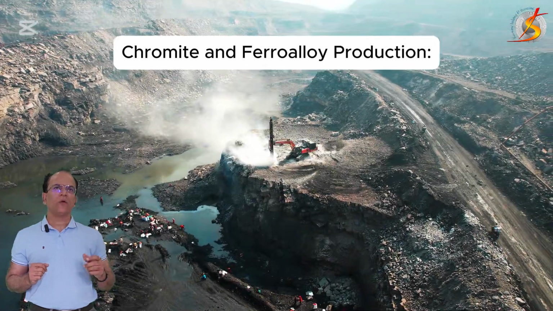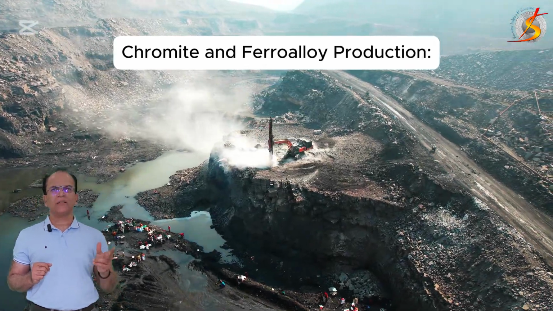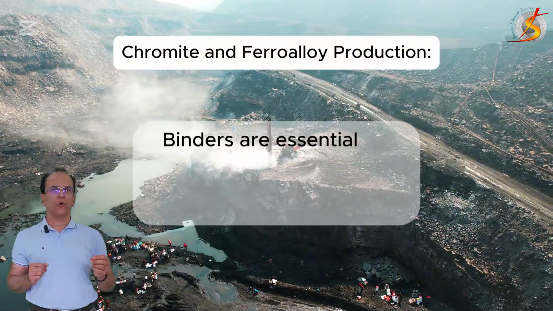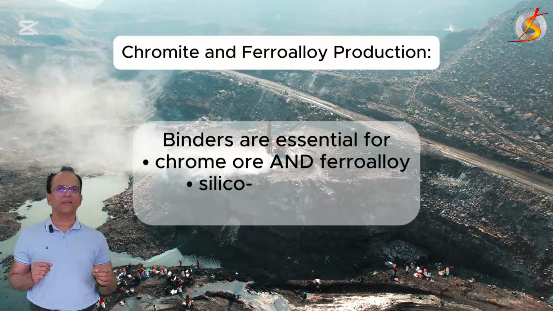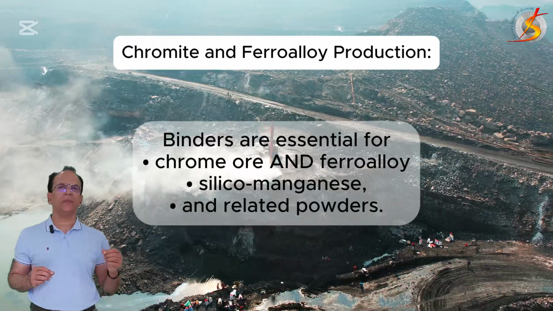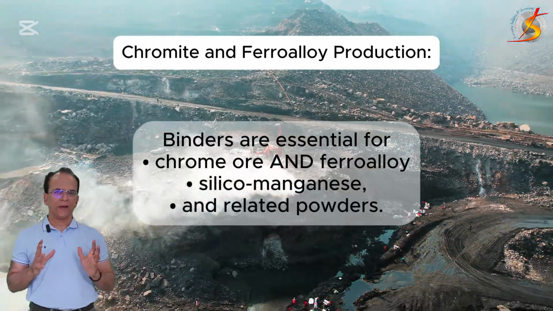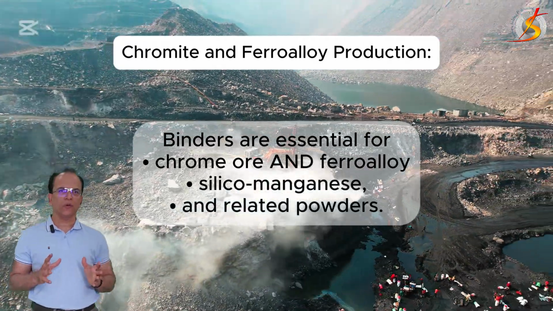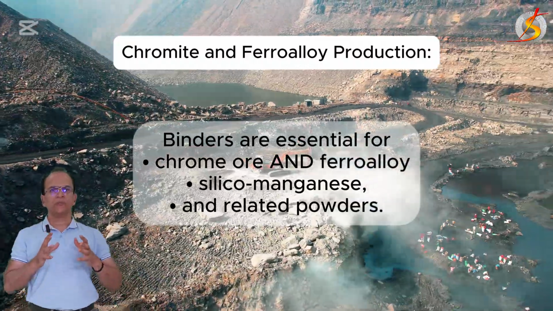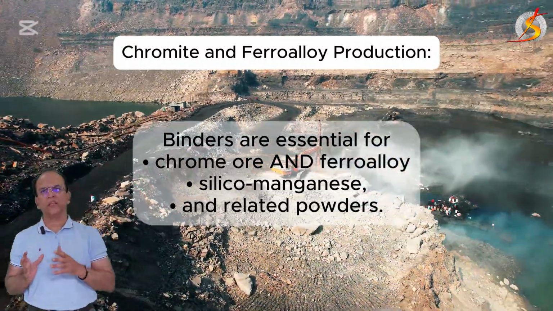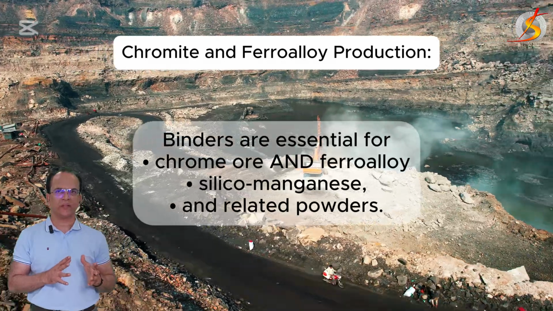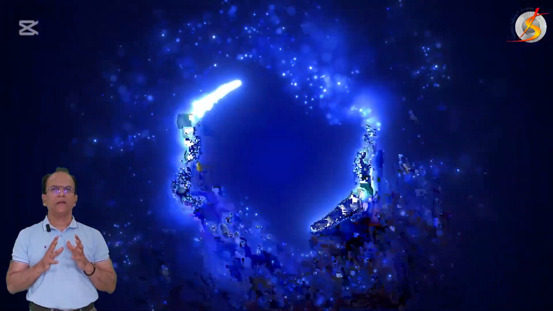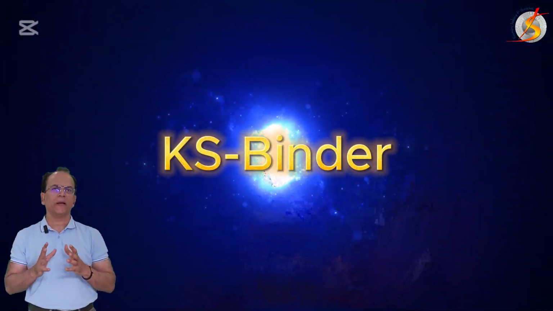And it is further used in chromite and ferroalloy production. Binders are essential for chrome and ferroalloys like silicomanganese and related powders. So binders are really very useful in solid waste management in the steel plant as well as in other heavy industries.